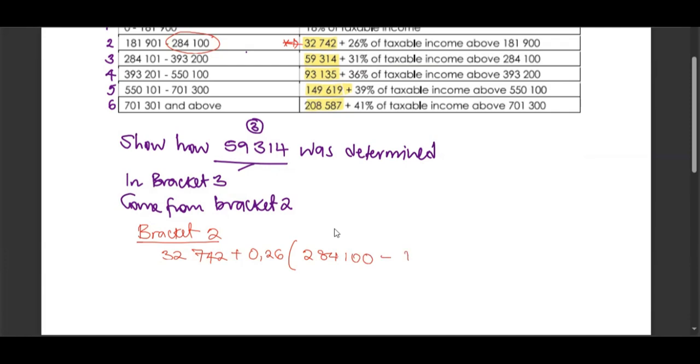Minus this value here. Let's put it in the calculator and we see what we get. 32,742 plus 0.26 times 102,200.